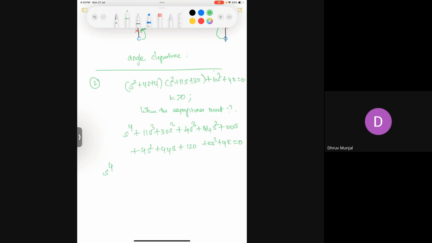So this will give you s power 4, 15 s cube, and s square with 30, 44, 74, 78 plus k, then 164s, plus 120 plus 4k.